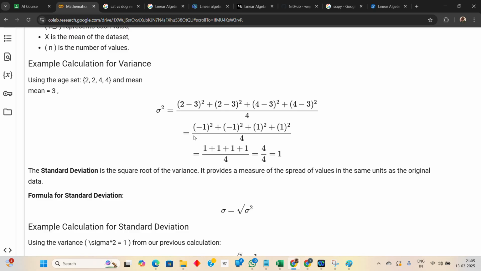Originally the values are very low, but if we square them, they will go to extreme values. If there is a lot of variance, then the values will be larger. If we want to restrict them to the original scale, then we go for standard deviation, because it is simply the square root. You know square root, right? The square can be cancelled out by this square root, so that we can get the original value out of it. That is why standard deviation is useful.